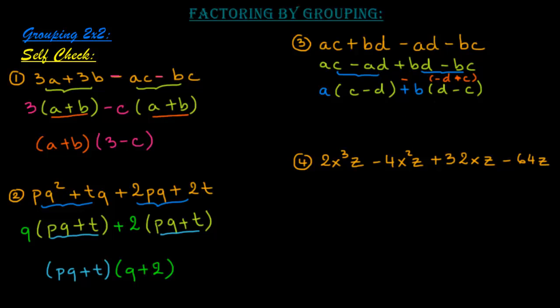So we will have the following. We have A times C minus D, and the other one will be, right now you have negative B, so negative B times C minus D. You will see that we have C minus D in common on both terms, so we're going to factor that one out.